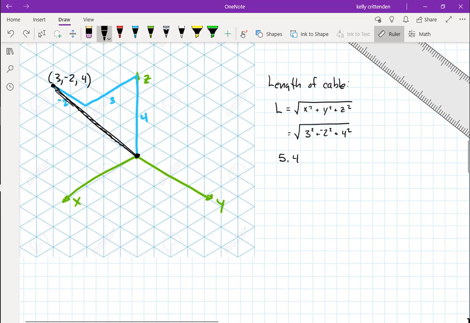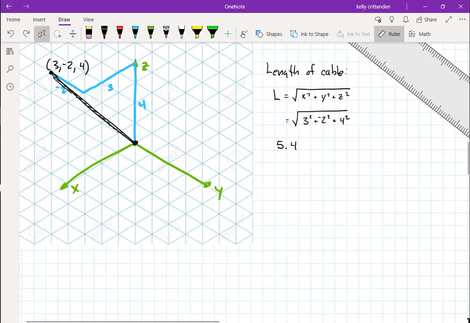Now, we're going to take each of our axes, x, y, and z, and we're going to create a cosine. So for x, theta x is the angle between the x-axis and the cable, realizing that it may not be in any of my coordinate plane directions.